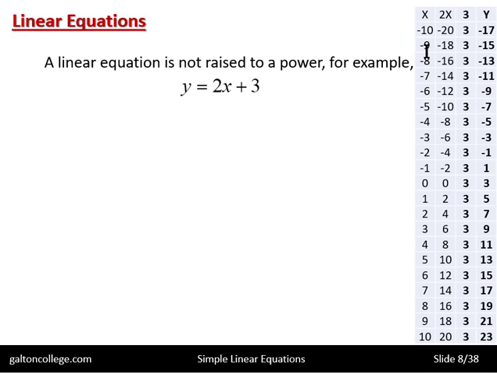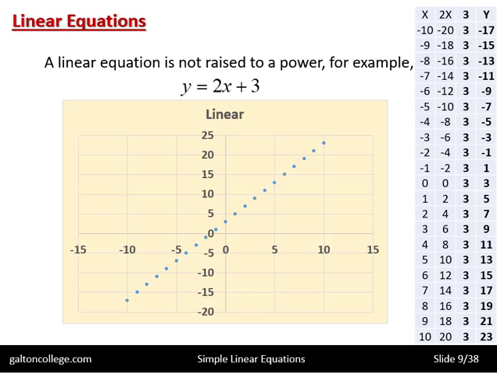We've also got a column for x over here. So what we could do now is go to the graphing section, or the charts section, on our spreadsheet, depending on what it's called, and click on it. It's a simple linear equation, and when you graph it, it looks something like that.